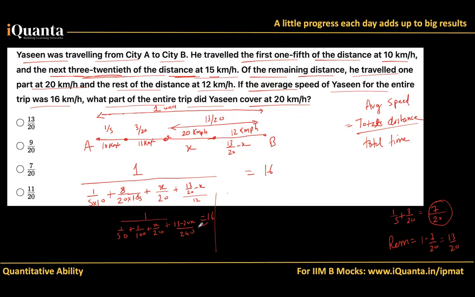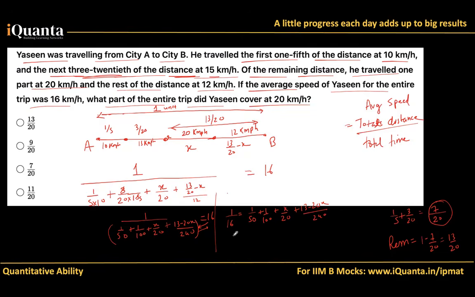So can we take this 16 below 1 and take this entire portion on the right hand side? We'll get 1 by 16 equal to 1 by 50, plus 1 by 100, and then plus x by 20 plus 13 minus 20x by 240.